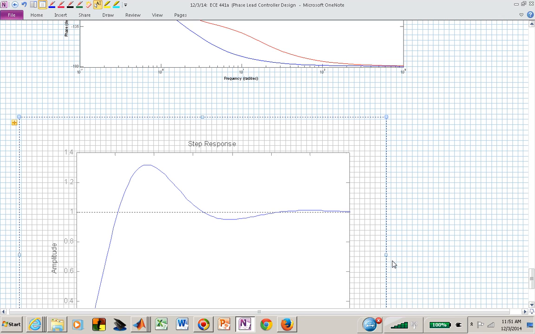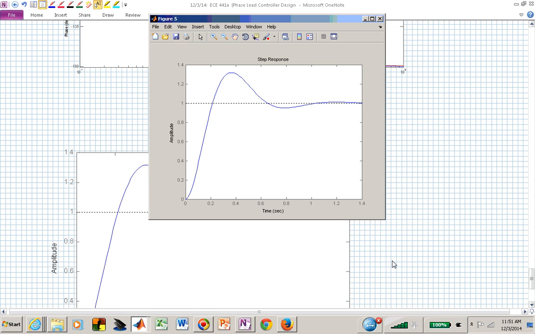And maybe what I could have done is I could have actually on that plot, maybe I should do that before I can right mouse click and find the characteristics. I could get the peak response and identify when that is. So now I have a 32% overshoot, and it's occurring at a time of 0.372.